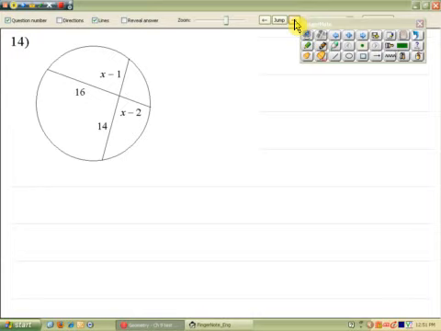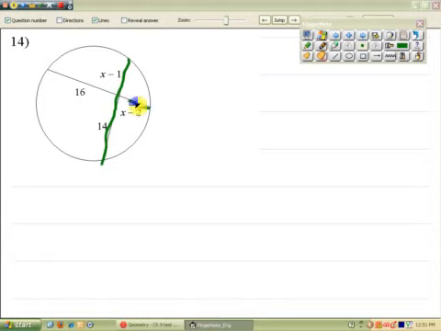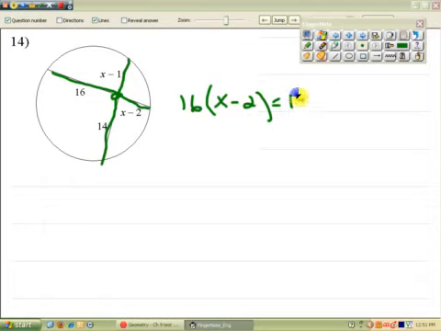In number 14, now we have two secant lines that cross on the inside of a circle. So what you do there is you take each part of the secant line and multiply them together. Again, you distribute.